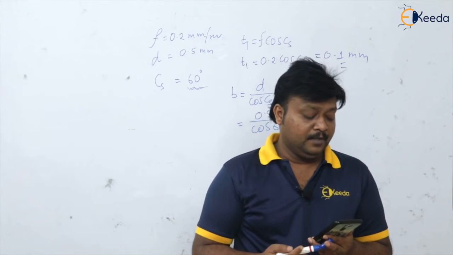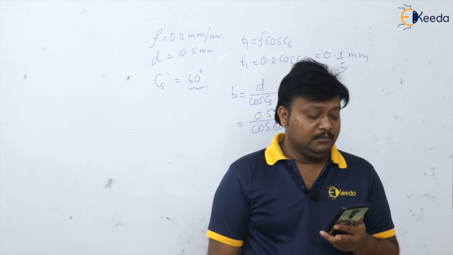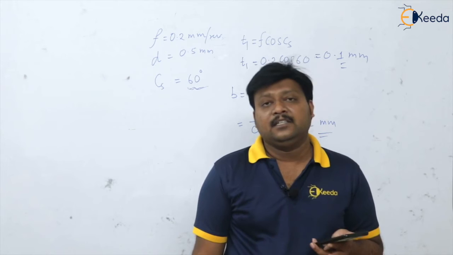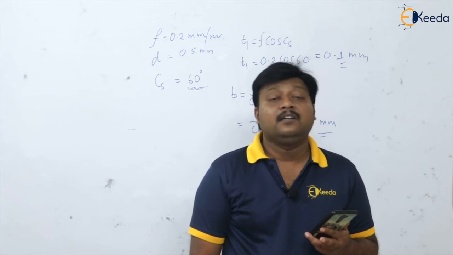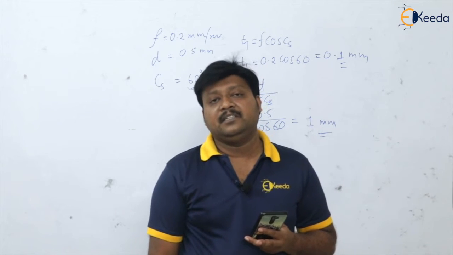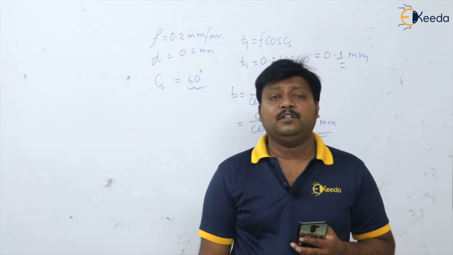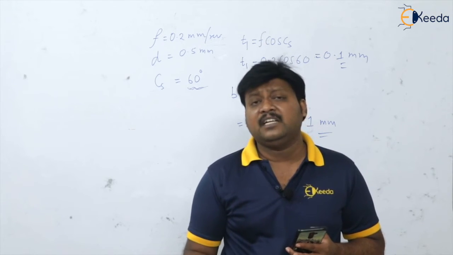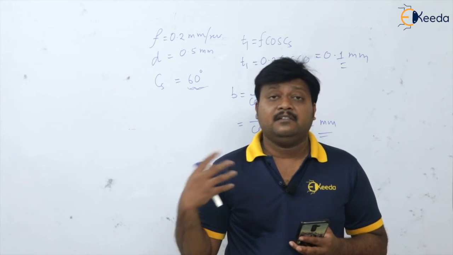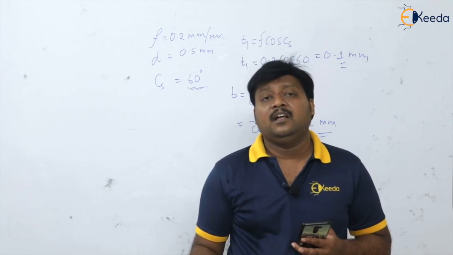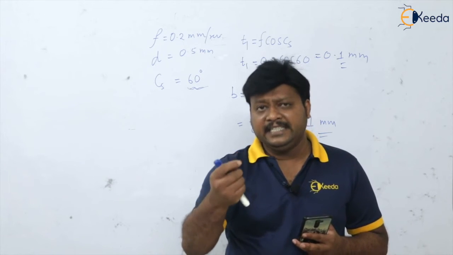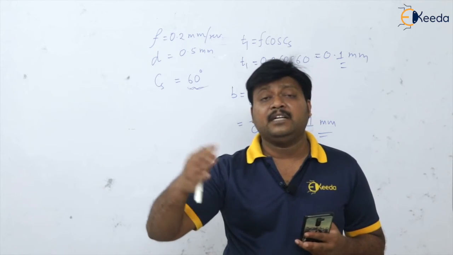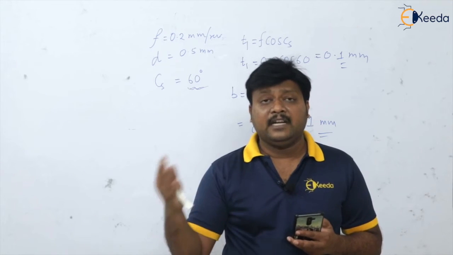Please remember. Next question. The amount of energy consumption for the unit volume of metal removal is maximum in which operation? That is nothing but the specific cutting energy. Where is it maximum? It is maximum in the grinding operation. We have learned that, because in grinding operation the chips are very small, we are getting a very small material removal rate, and there are very high thrust forces, because the rake angle of the abrasive grains is very large on the negative side, minus 60 to minus 80 degrees.